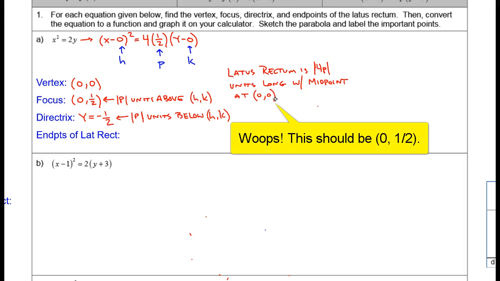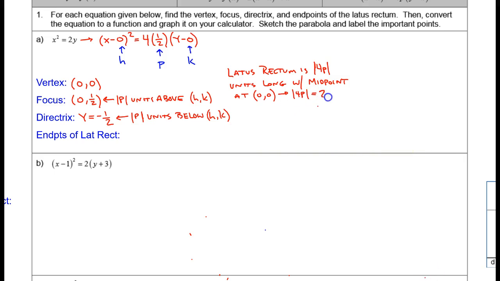Okay, so the absolute value of 4 times p is going to be equal to 2. So half of that is 1. So I need to move 1 unit to the right of the vertex and 1 unit to the left of the vertex. So all of this information right here helps me figure out the following.